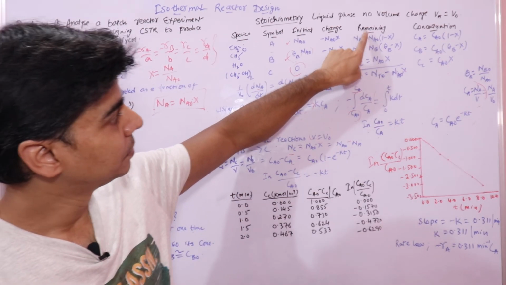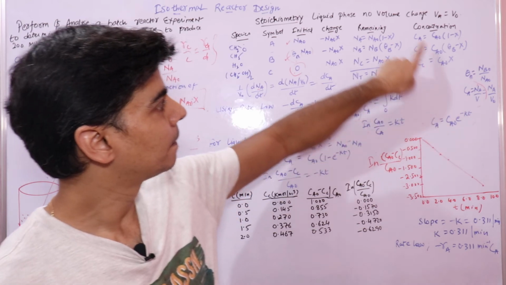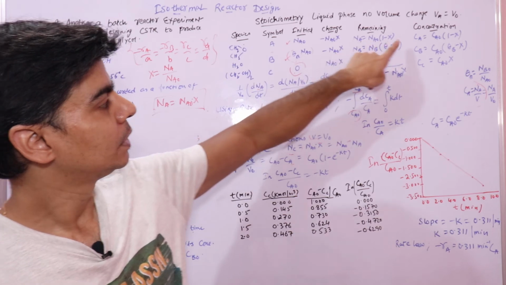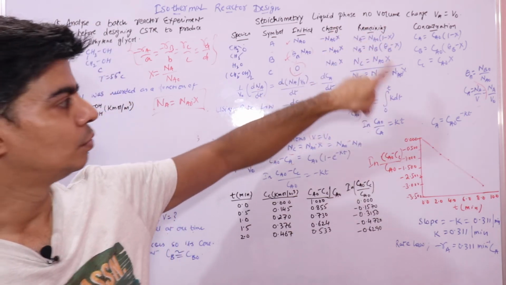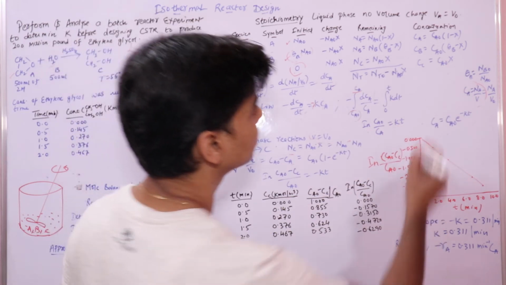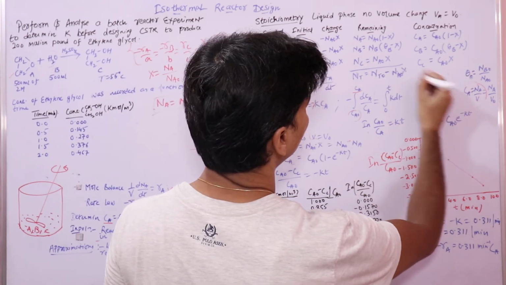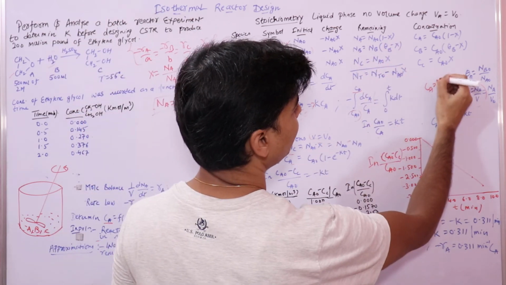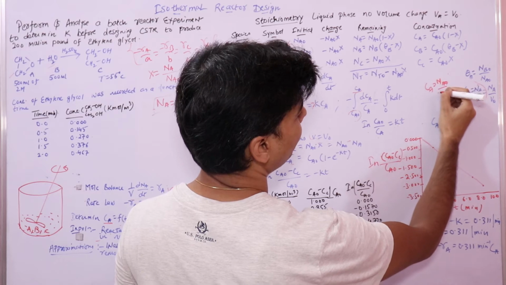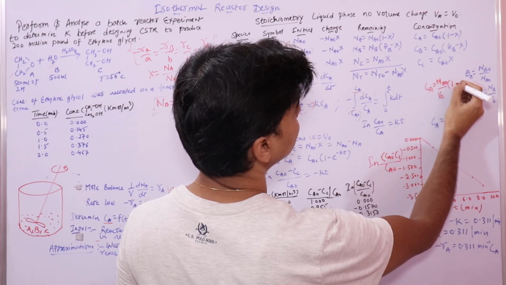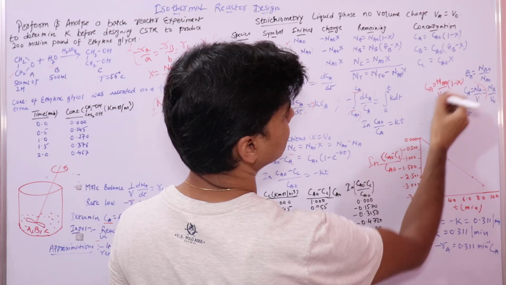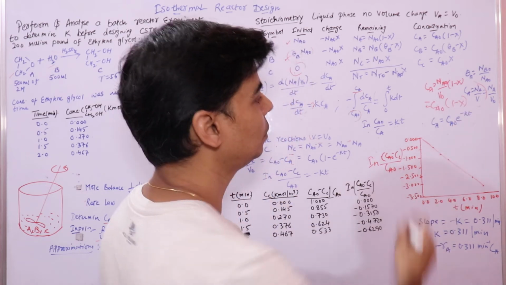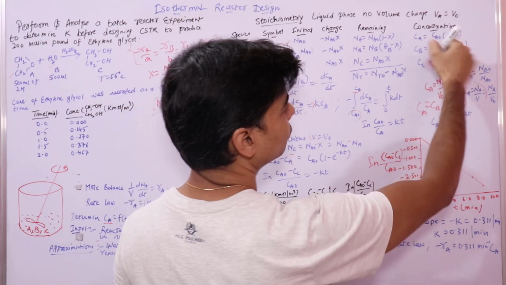How have you calculated concentration? Concentration, we know, is moles divided by V. Na0 times 1 minus X divided by V0, you will get Ca0 times 1 minus X. This is the concentration, this is the remaining number of moles. So Na0 divided by V0 times 1 minus X would be Ca0 times 1 minus X. This is how we have derived this column of concentration.